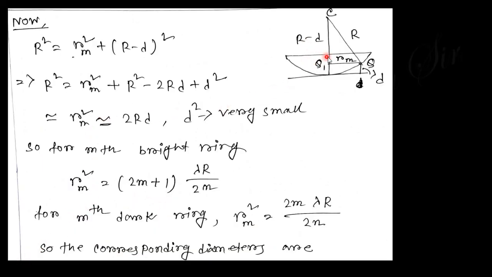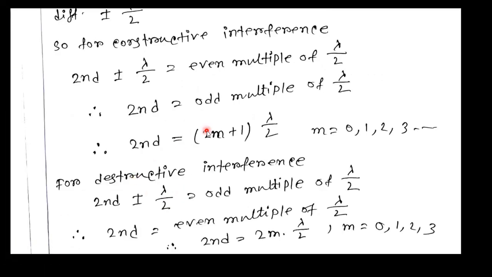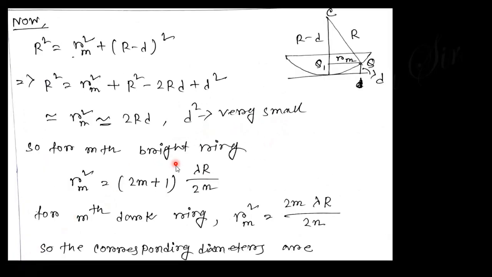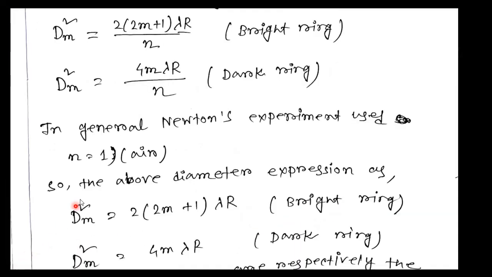From this figure you can see that R square is nothing but (R minus d) whole square plus r_m square, from where you get r_m square equals like that. For the mth bright ring, r_m square equals like this, and for the dark ring it will be like that, using this formula. So this is the diameter for the bright ring, and this is the diameter for the dark ring.